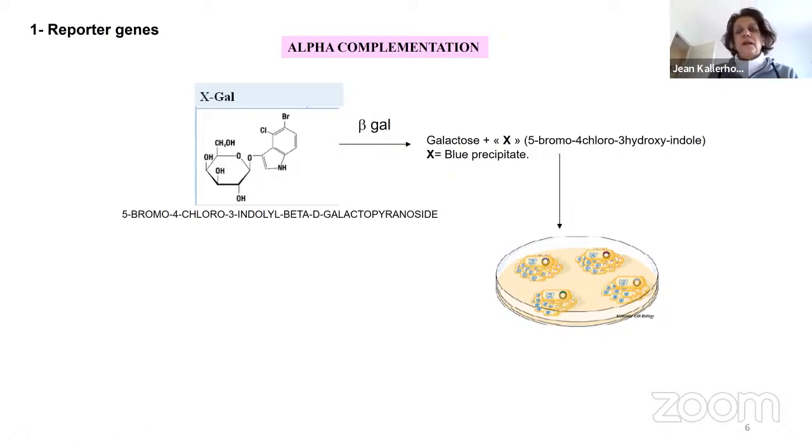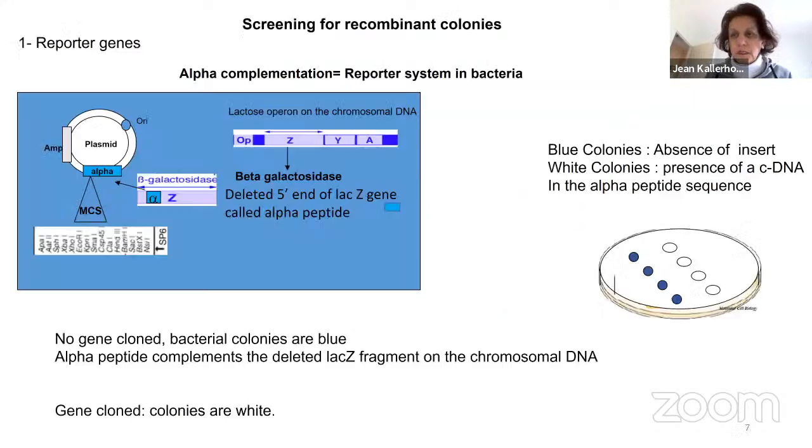So let us have a look at how it looks. Screening for recombinant colonies using reporter genes. We spoke about the lactose operon last time when we spoke about regulation of gene expression in prokaryotes.